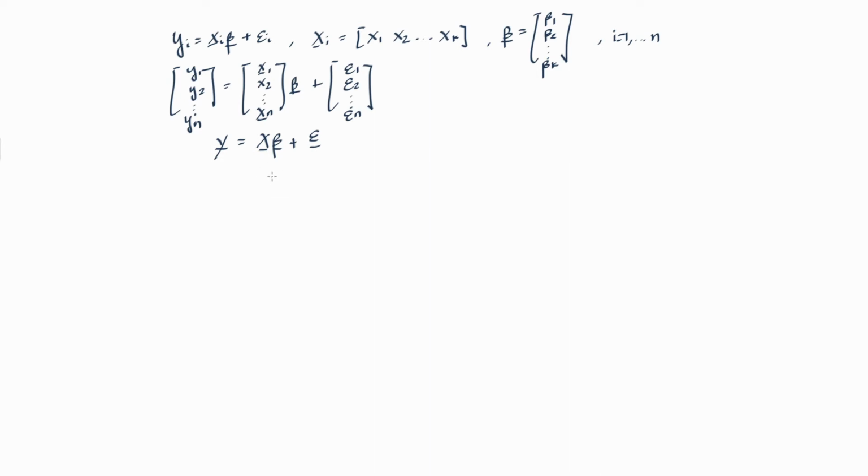Now let's check if the least squares estimator beta hat equals (X prime X) inverse X prime y is unbiased for beta.